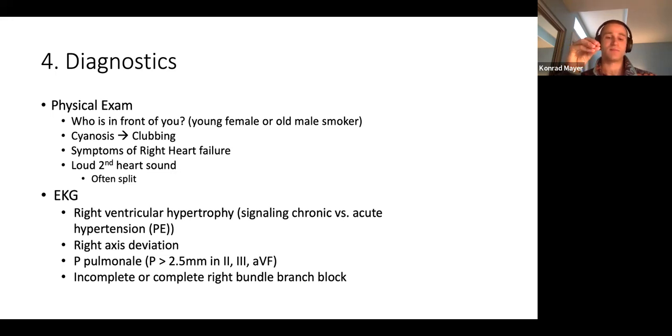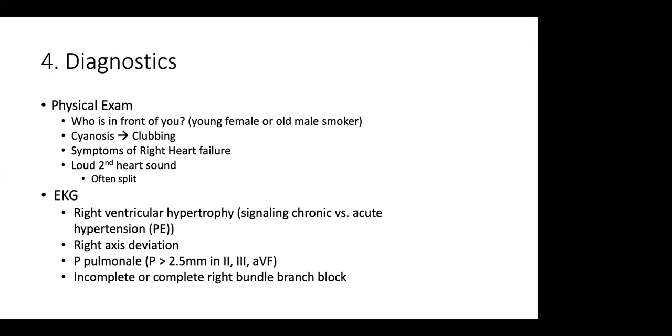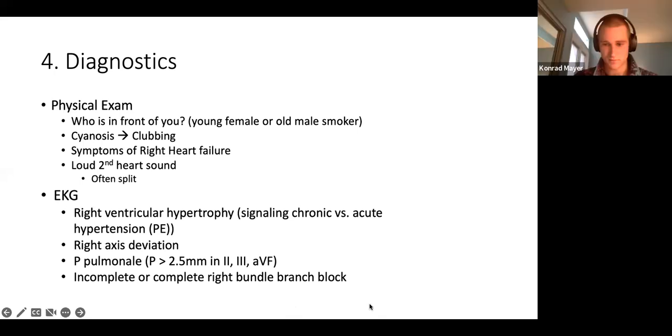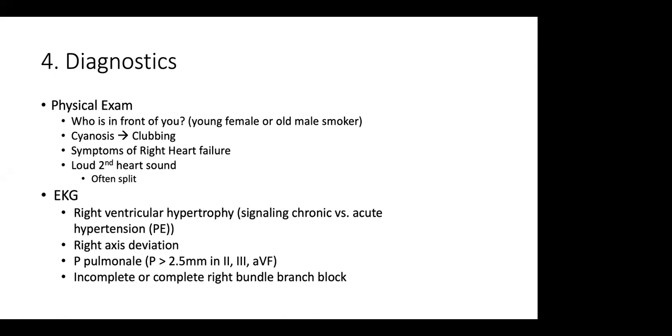And if we have pulmonary hypertension, the right heart needs more time to expel its volume into the pulmonary vasculature, and that is why the second part of the heart sound, the pulmonary aspect, is delayed, and that is when we can hear this split much more pronounced compared to a physiological split.